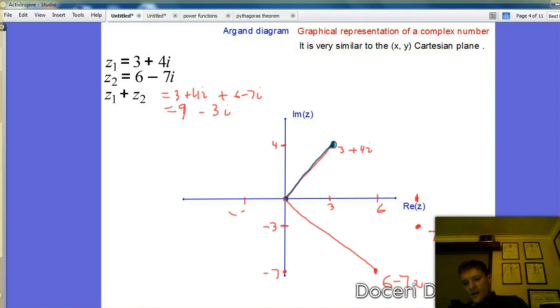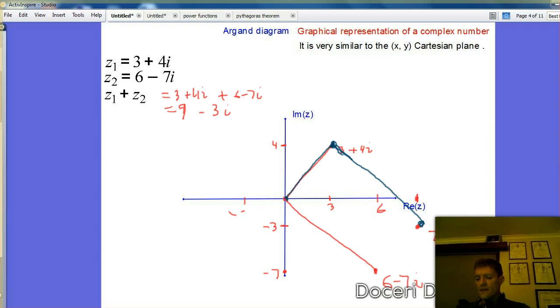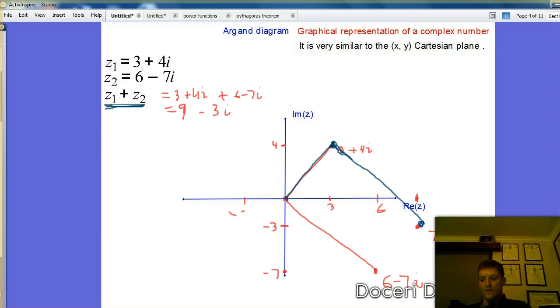So if I draw another vector type line from z1 that mimics z2, such that it is the same length and same angle from the real axis, then we can treat it as this z1 plus z2 here as some path in order to get to the result.